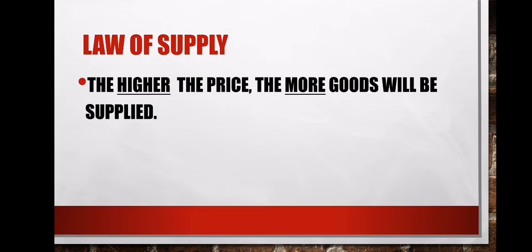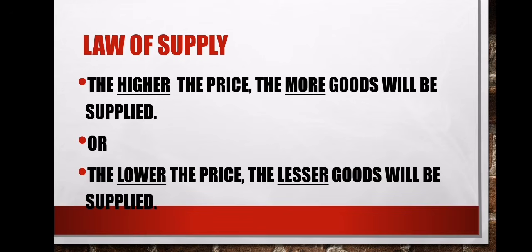Law of supply: we say the higher the price, the more goods will be supplied to the market. If the price of a product increases, a farmer will want to supply more products to the market because he knows that he will get a profit. But we can also say the lower the price, the lesser goods will be supplied.